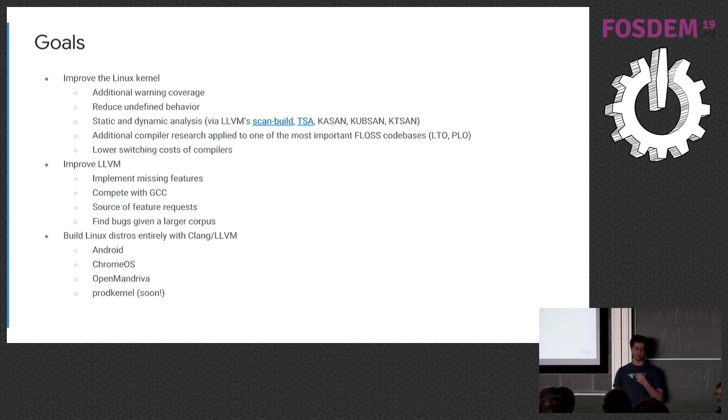We're working with Android OEMs and vendors now on getting the whole ecosystem moved over to Clang-built kernels as well. Chrome OS is entirely Clang built as well. OpenMandriva is more of a traditional Linux packages project, working through trying to get all of that code ported over and buildable with Clang.